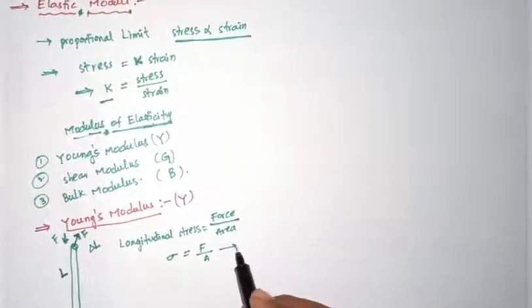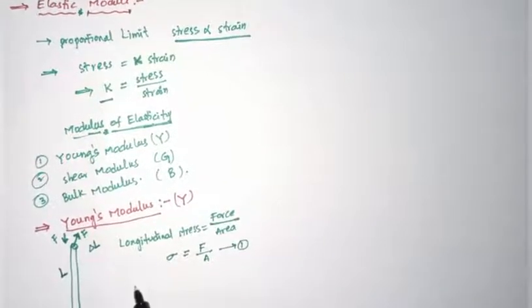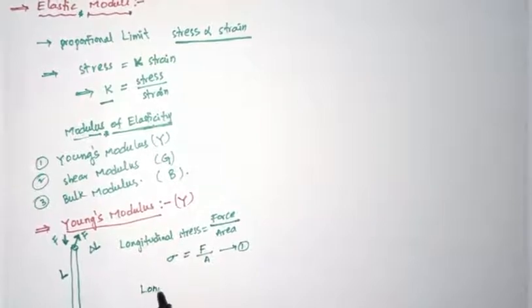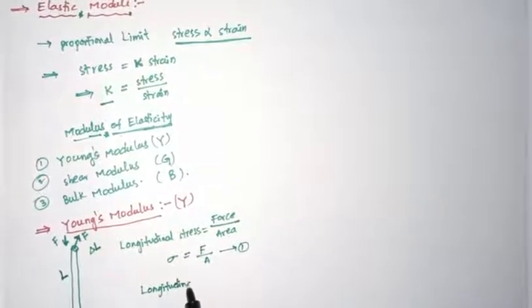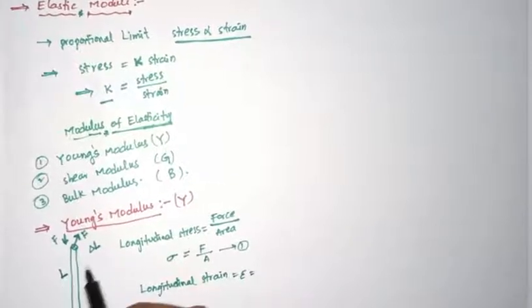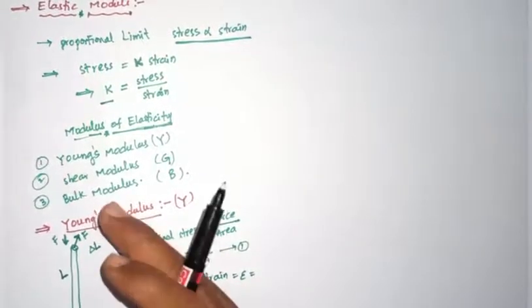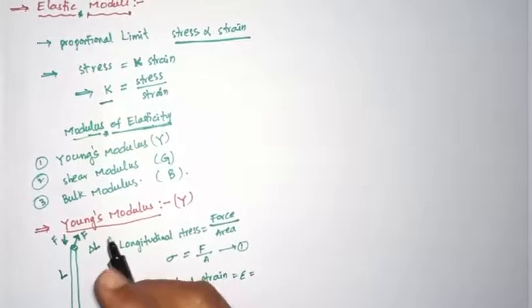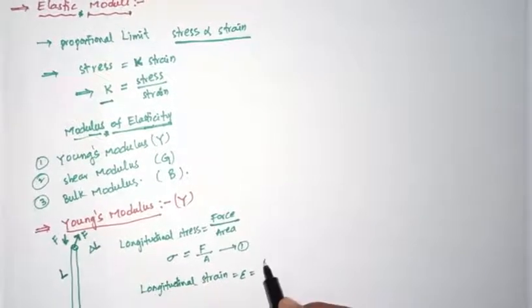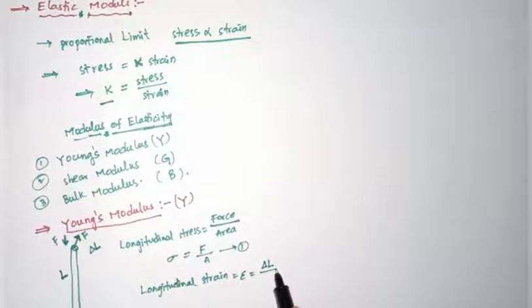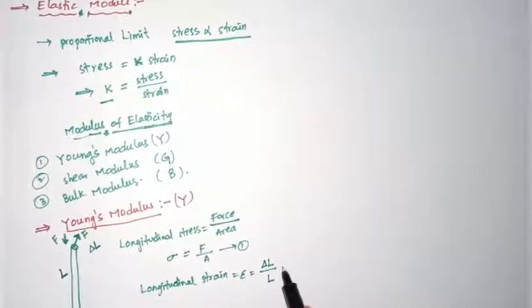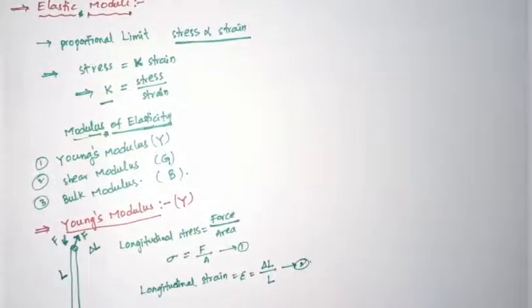This is equation number 1. And longitudinal strain is denoted epsilon, equal to the elongation or compression, the change in length, by the original length. This is equation number 2.